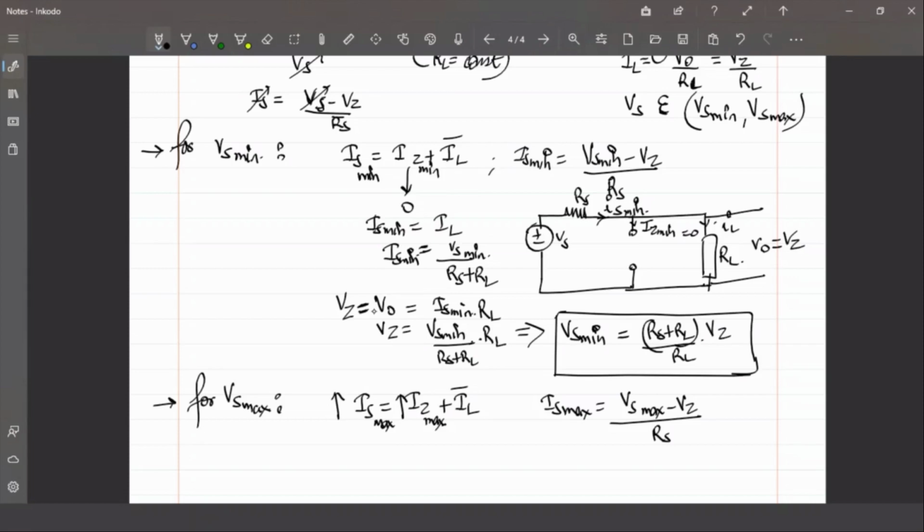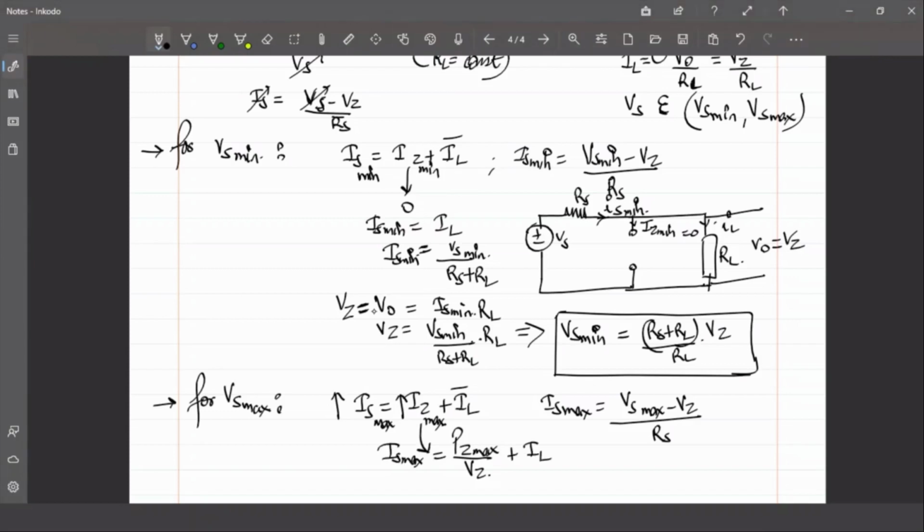So what is this Iz max? From the data sheet, I can say Pz max divided by Vz. So Is max is equal to Pz max divided by Vz plus IL.